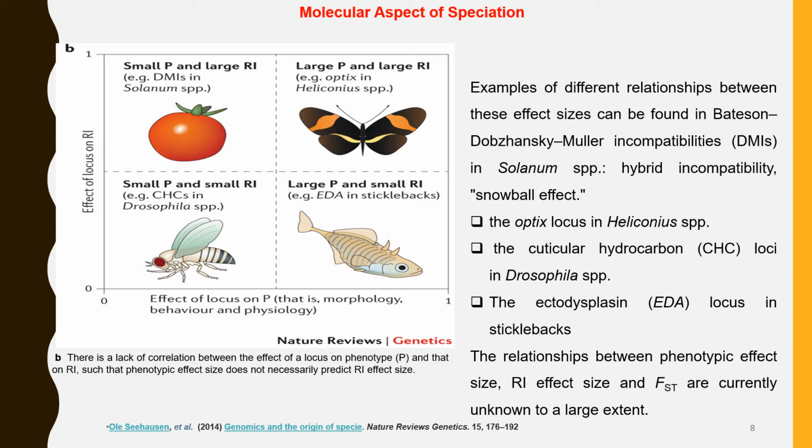In the case of Drosophila cuticular hydrocarbon loci, there is a small variation in phenotype and also a small variation in reproductive isolation mechanism. While in the case of the EDA locus in sticklebacks, a large variation in phenotype is seen, but a small reproductive isolation effect.